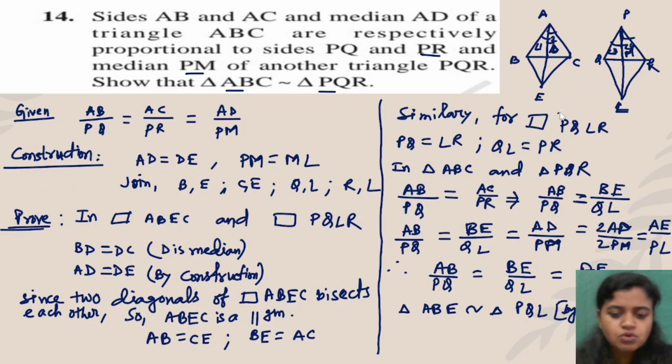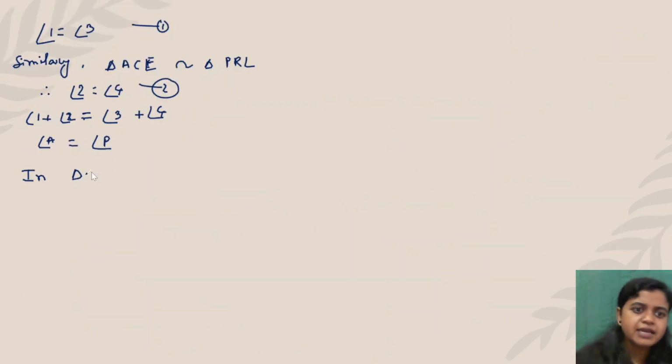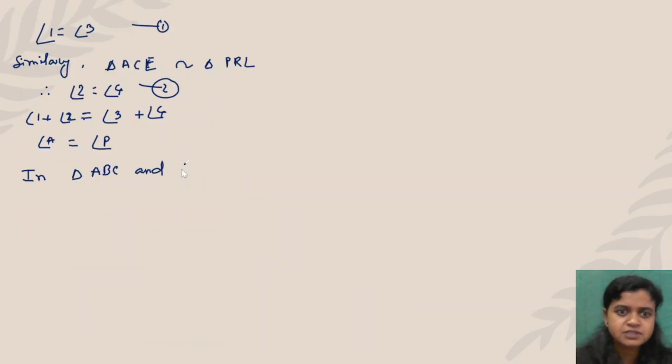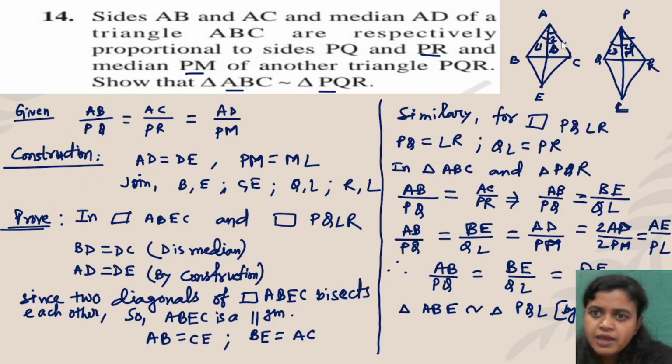Now we have to prove triangle ABC and triangle PQR are similar to each other. So we know AB is proportional to PQ and AC is proportional to PR.